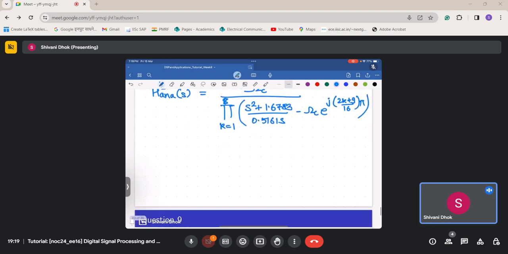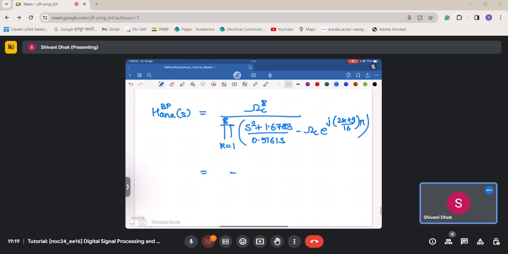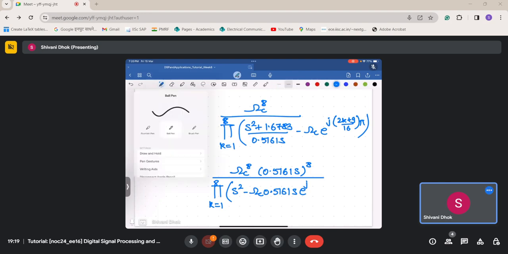So now I can write this as omega c to the power 8 into 0.5161 S to the power 8 divided by product of k running from 1 to 8, S square minus omega c into 0.5161 S into e power j... let me just write this part as sk for brevity.